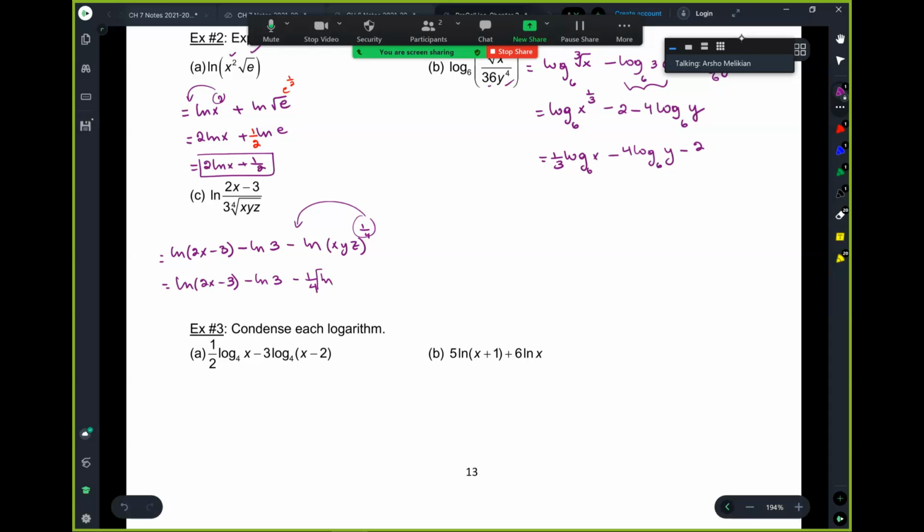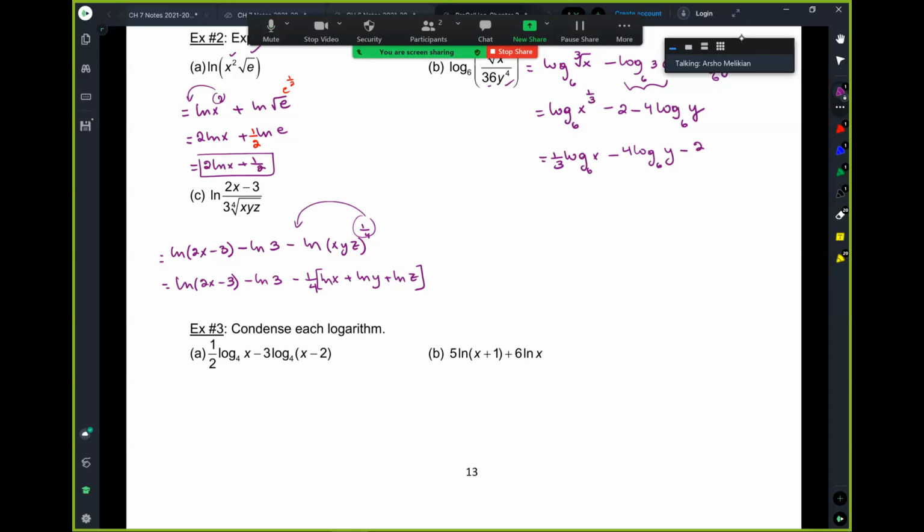So it will be ln of x plus ln of y plus ln of z. Okay? All right. Questions? Wait, that's the final answer? Yep, that's the final answer. I'm fine with you distributing the 1/4 or not. It's the same.